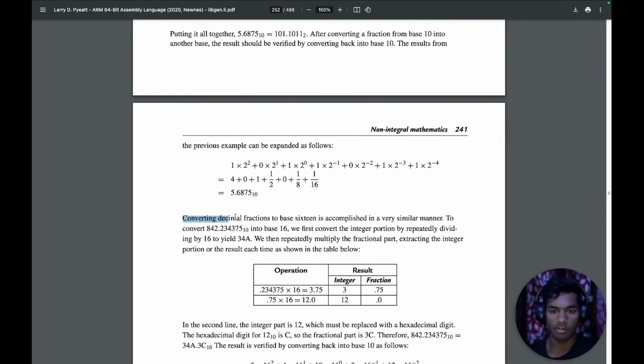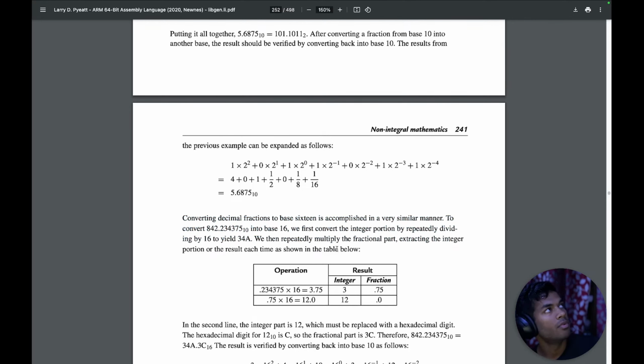Now, converting decimal fractions to base 16 is accomplished in a very similar manner. To convert this into base 16, we first convert the integer portion by repeatedly dividing by 16 to yield this. We then repeatedly multiply the fractional part by 16, extracting the integer portion of the result.